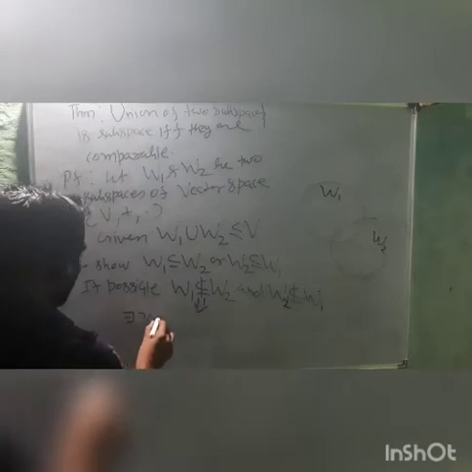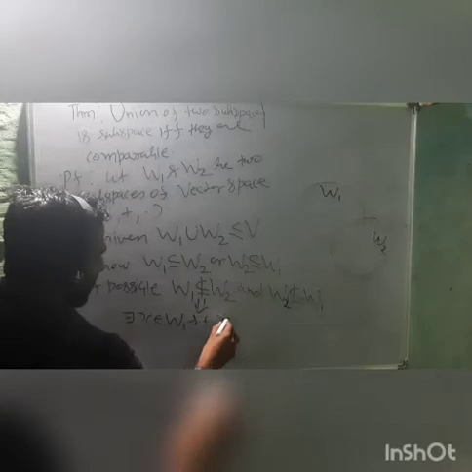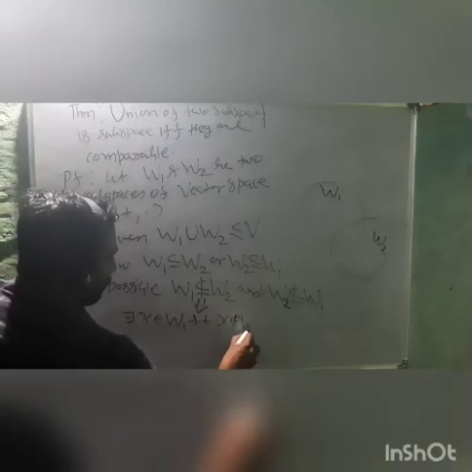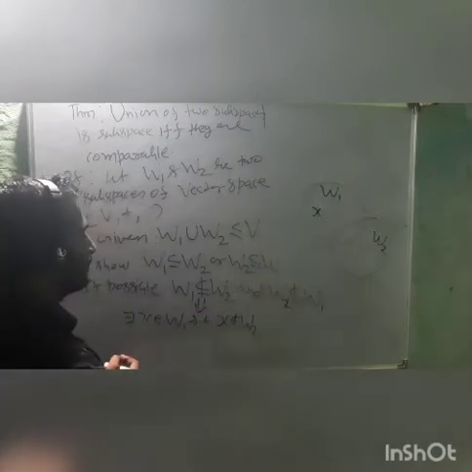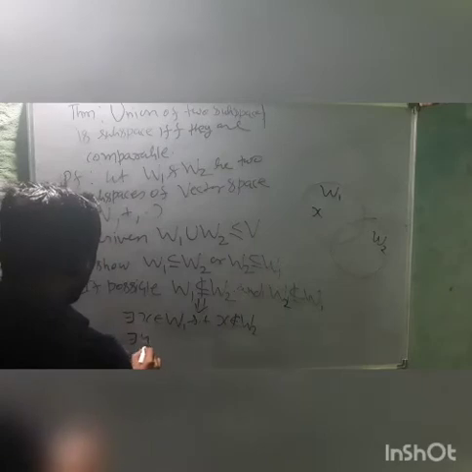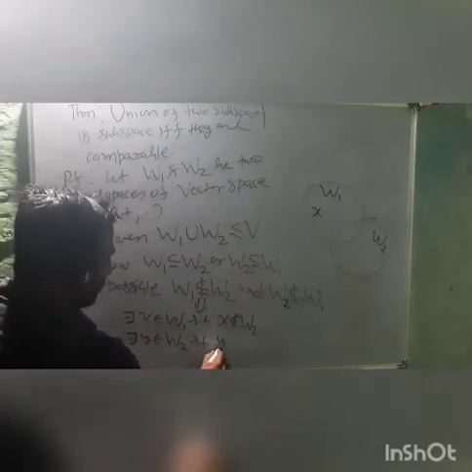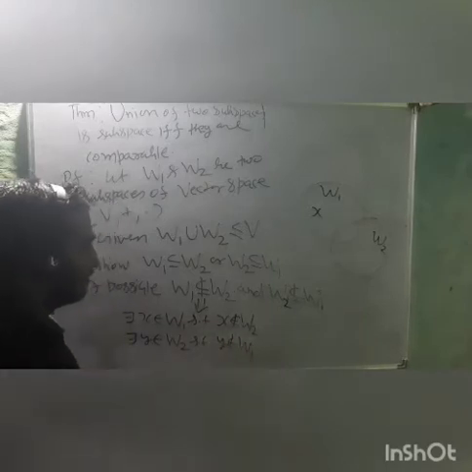There exists X belonging to W1 such that X does not belong to W2. And now let's write down the meaning of this. There exists Y belonging to W2 such that Y does not belong to W1.